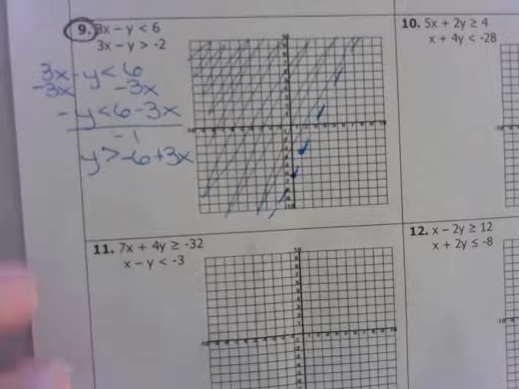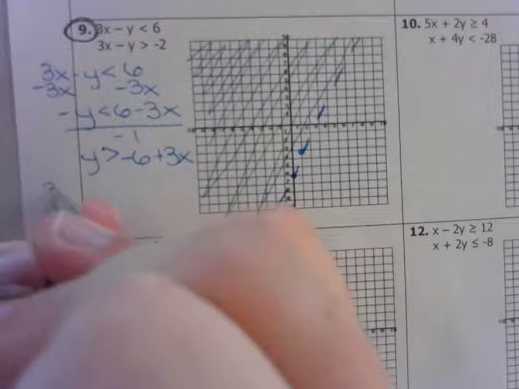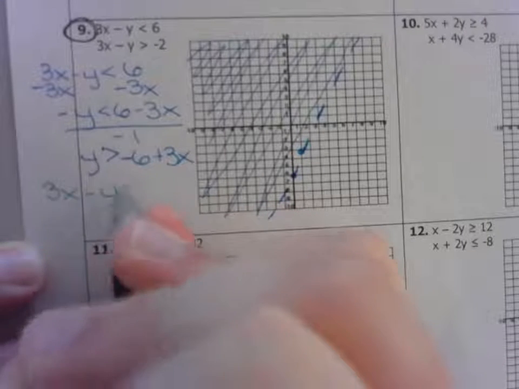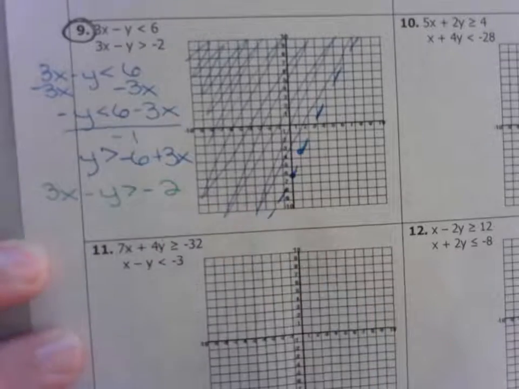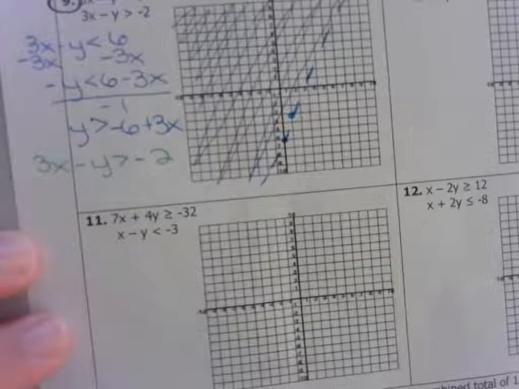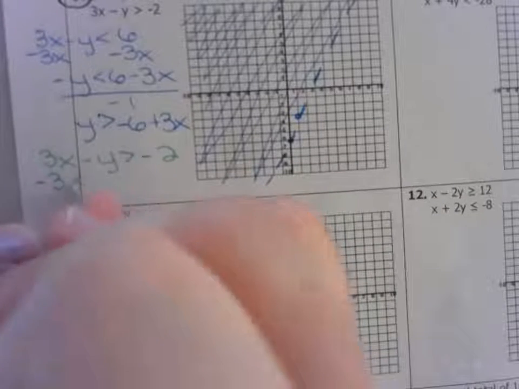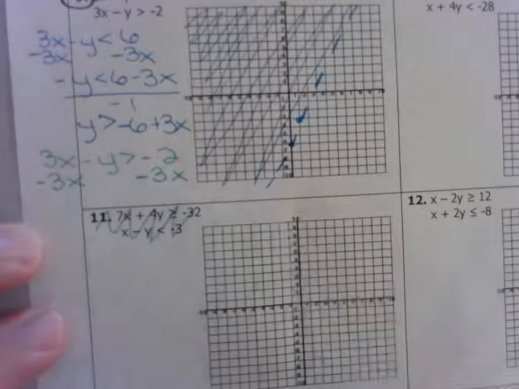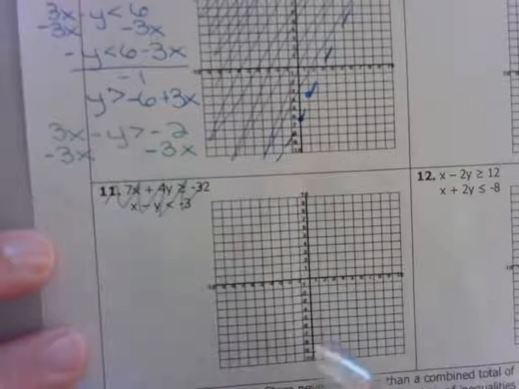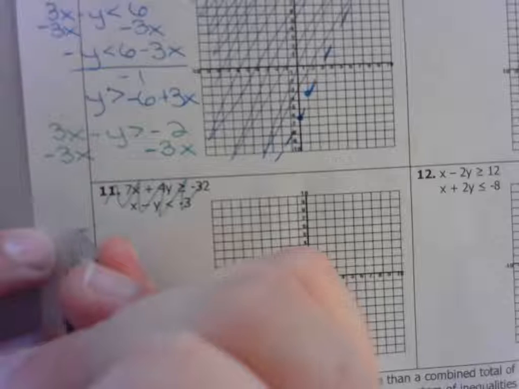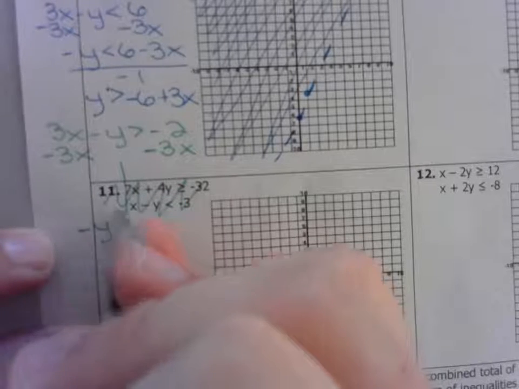Second line. Okay. Second line, 3x minus y is greater than negative 2. Subtract 3x first, good. Minus 3x, so I have, I'll do it right underneath it.